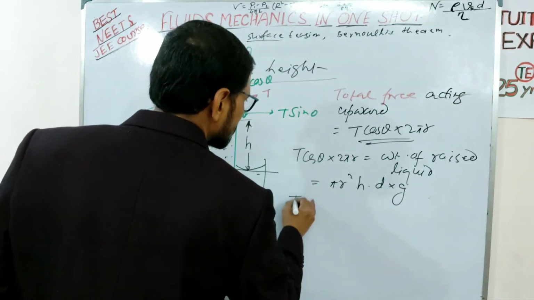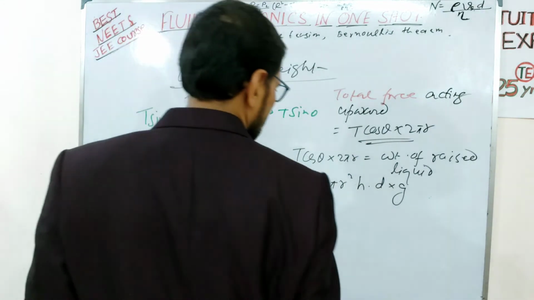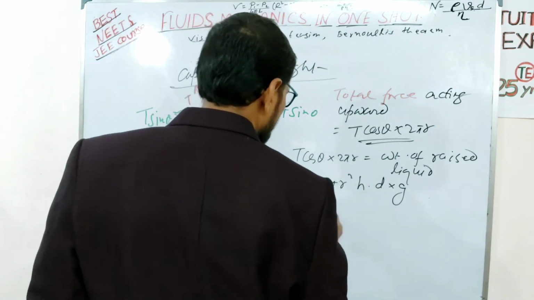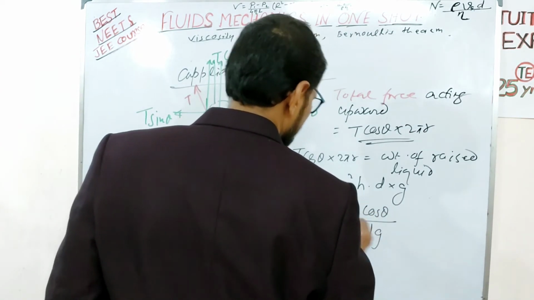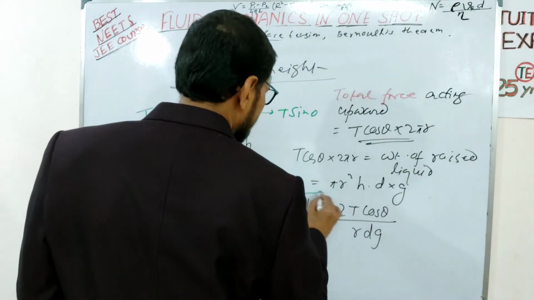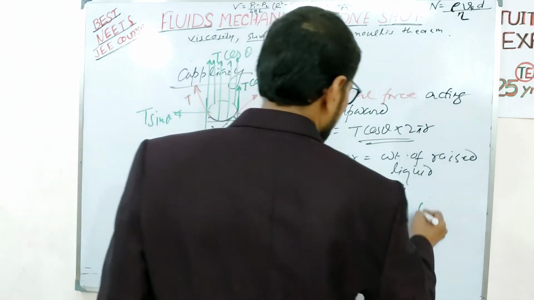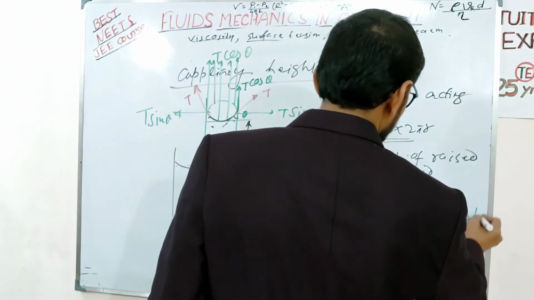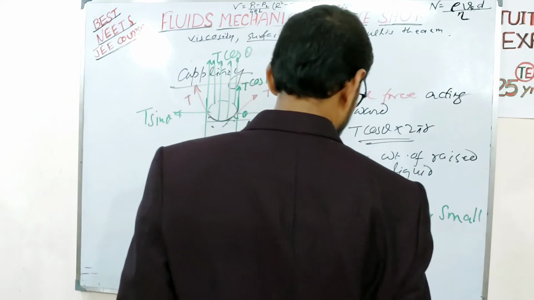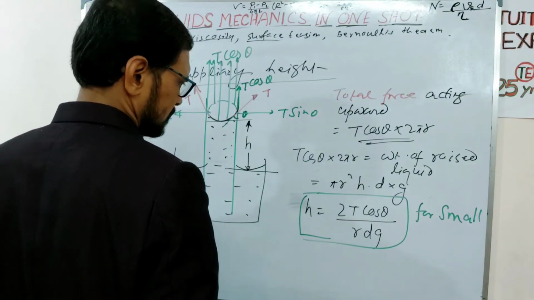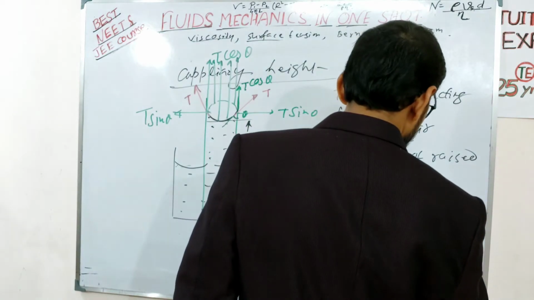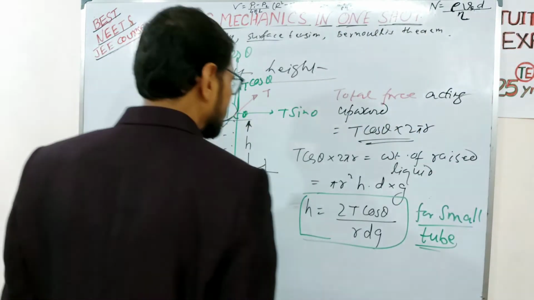So from this we get h equal to 2T cos theta by r d g. This is the formula of capillary height for a small tube, that is, if r is small.